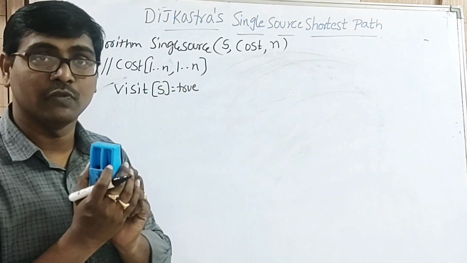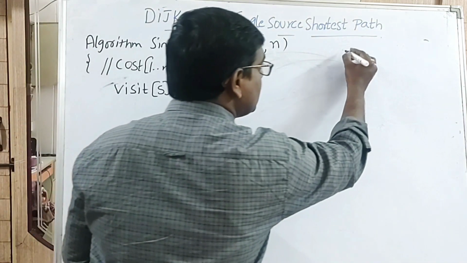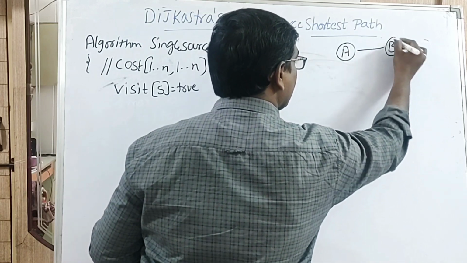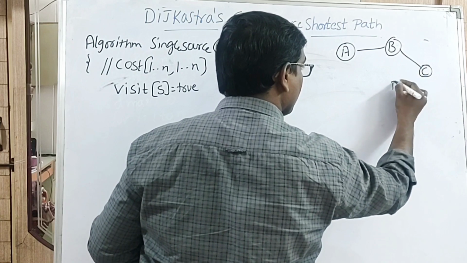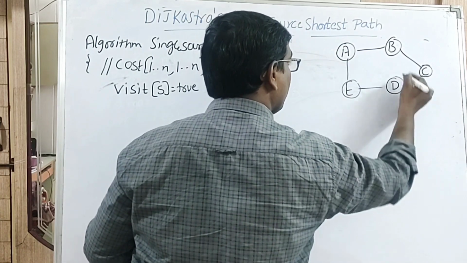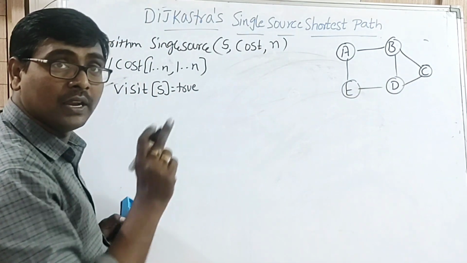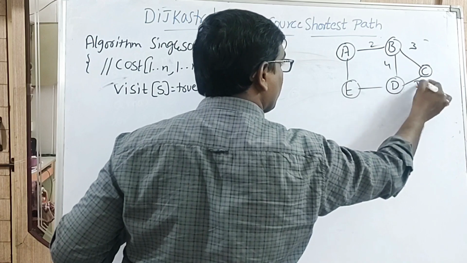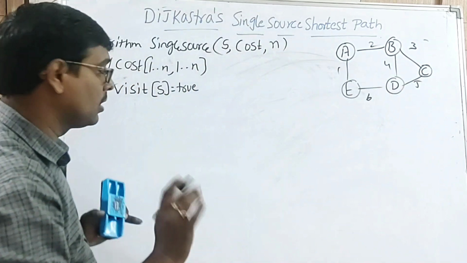Now, consider this graph with vertices A, B, C, D, E. Your aim is to find the shortest path, with edge weights 2, 3, 4, 5, 1, 6, whatever the values.